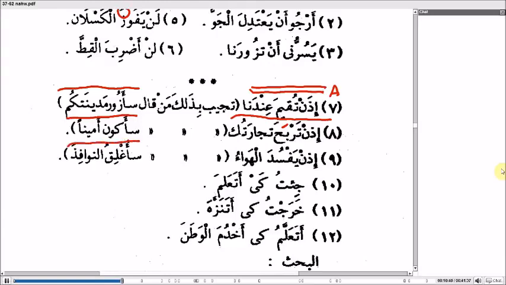سأغلق النوافذ. If someone says to Yasin, سأغلق النوافذ, I'm going to close the window. Nawafid is window, or windows. I'm going to close the windows. With nafida would be one.